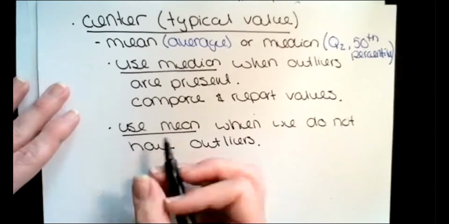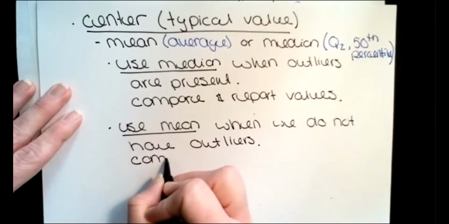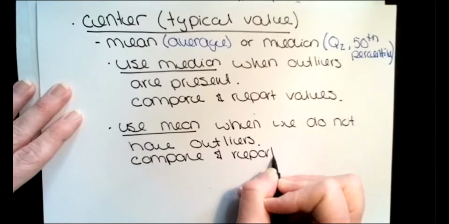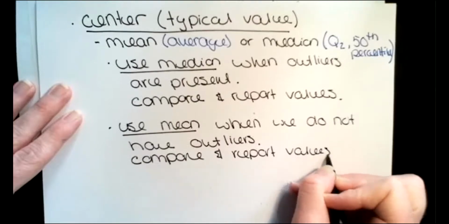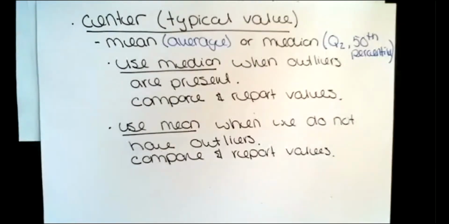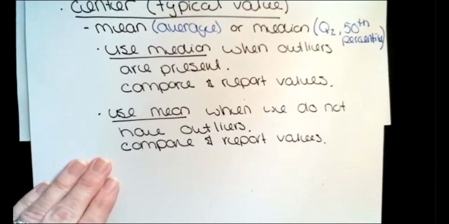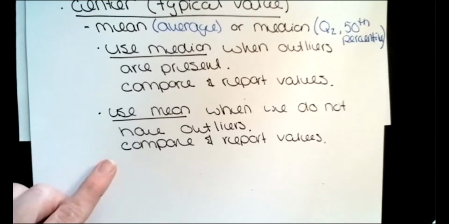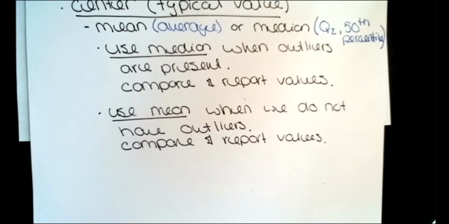Okay, and again, we will compare and report values. So if we have a couple different data sets, that's what I mean when I say we'll compare and report these values. We can get the values, we're going to report them, meaning we're just going to state what they are, and we can compare them to another data set.